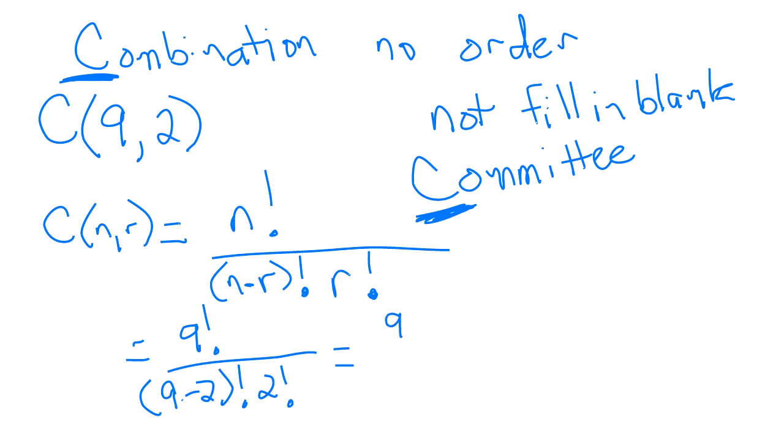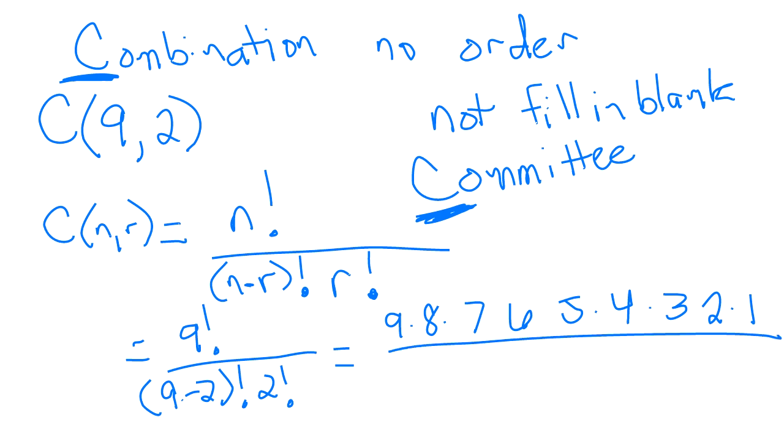9, 8, 7, 6, 5, 4, 3, 2, 1 on top. This is 7 factorial, so that's going to be 7, 6, and so on. Notice I wrote it underneath. You don't have to, but I like to, so now you can see what's going to cancel.